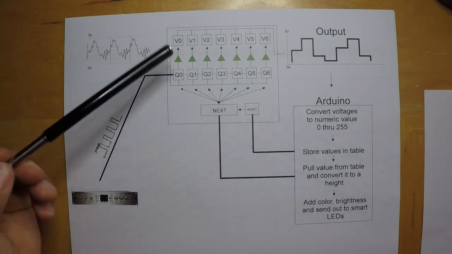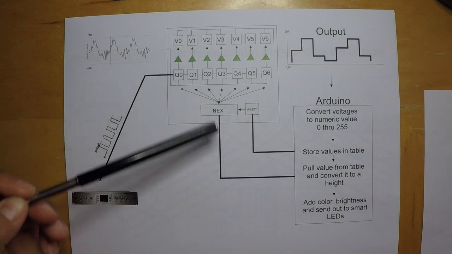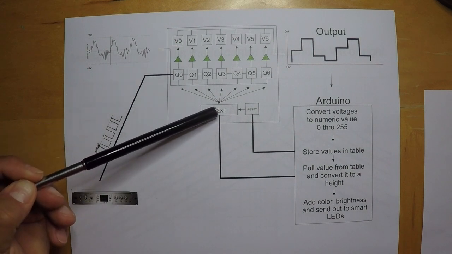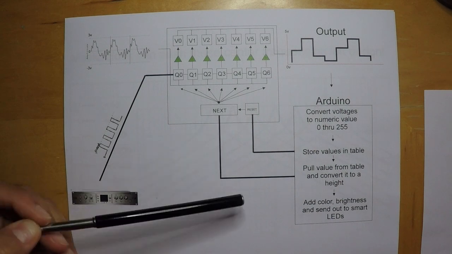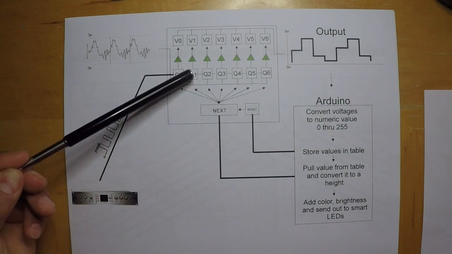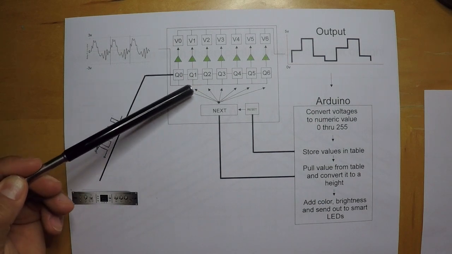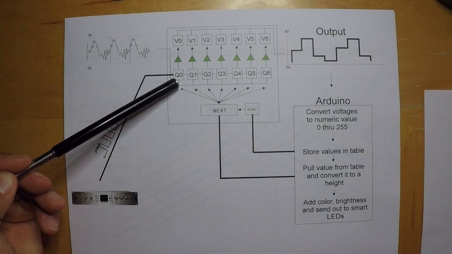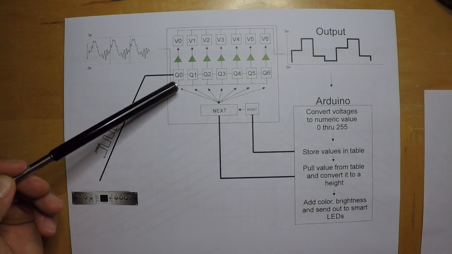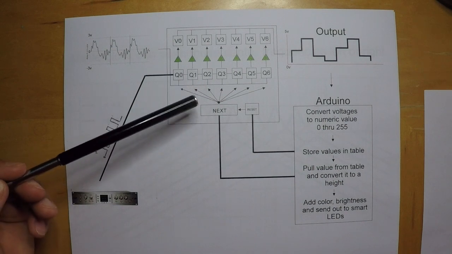Well, the next thing the Arduino does after it's received this voltage is it sends a pulse to the next line, or the strobe line. And all of these filters are turned off except for filter 1. Filter 1 is focused on a completely different set of frequencies, and it's filtering out everything else outside of those frequencies.